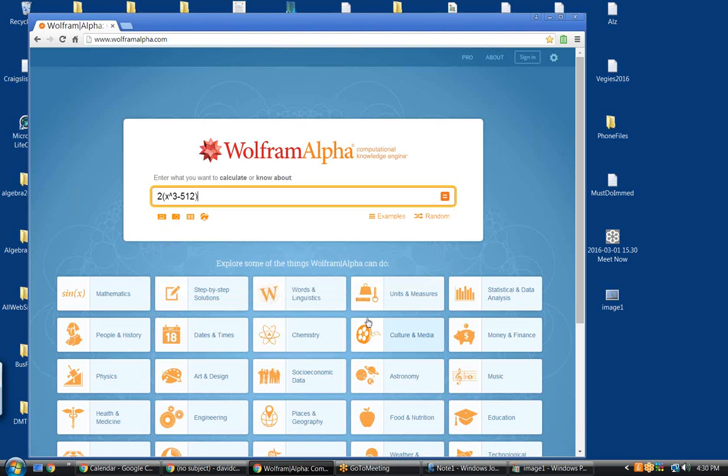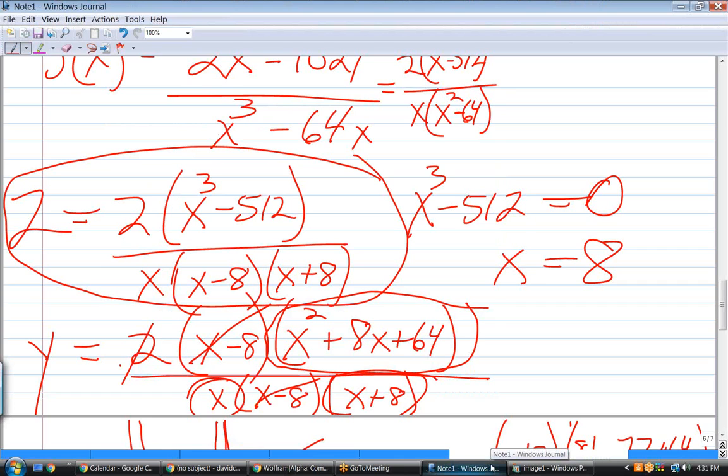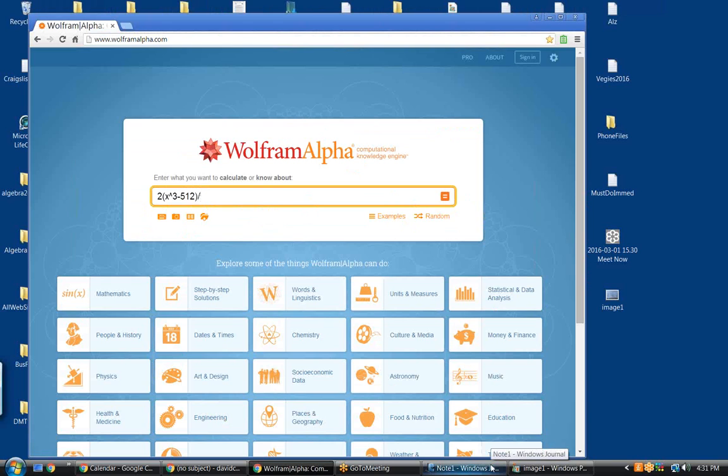That whole thing divided by x cubed minus 64x.